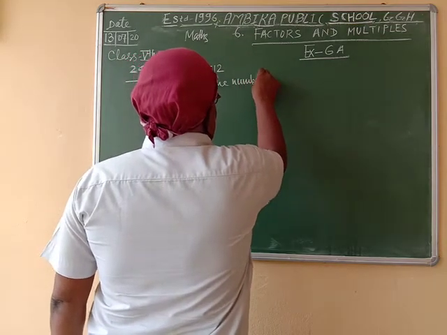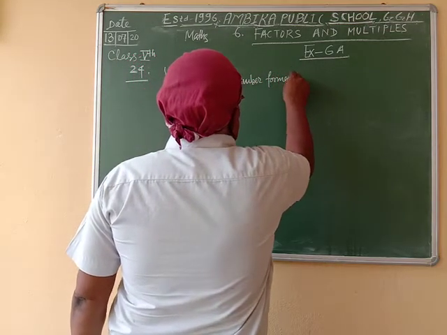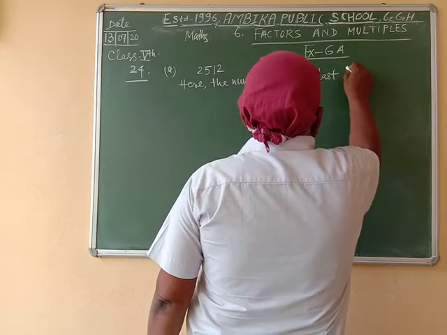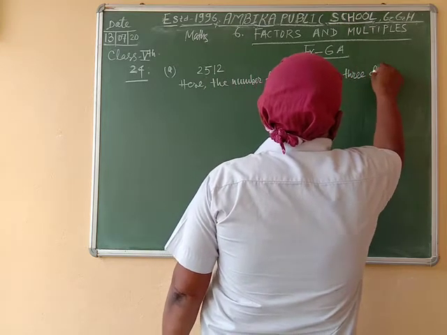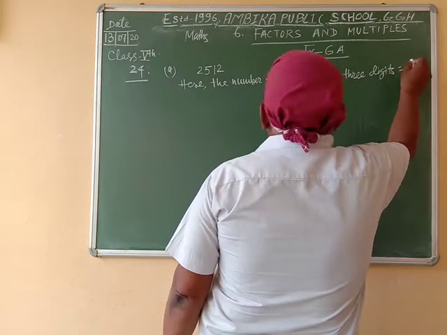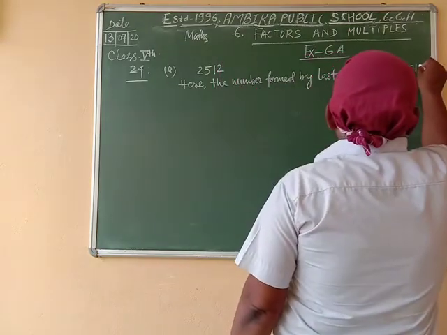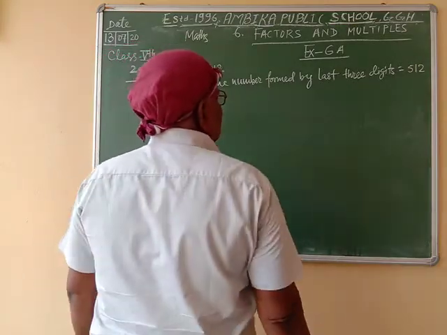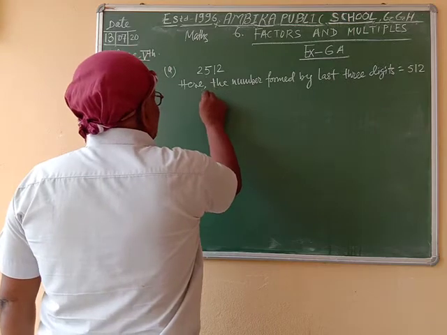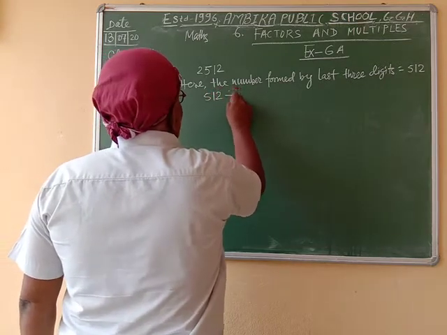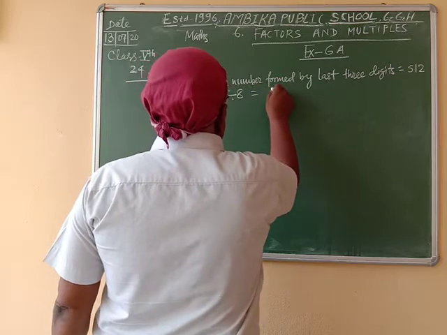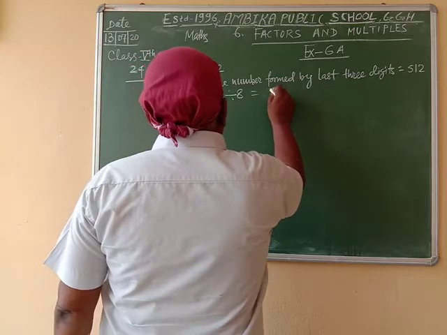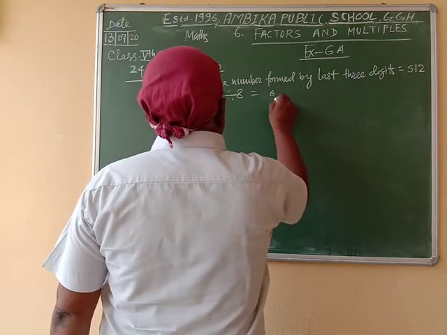Here the number formed by the last 3 digits is 512. Now 512 divided by 8 is equal to 64.